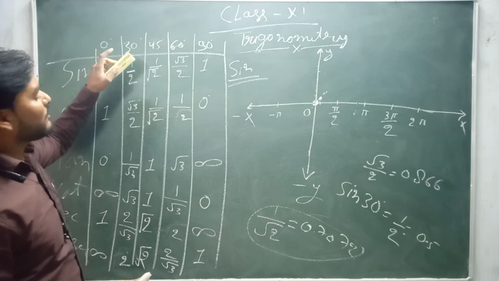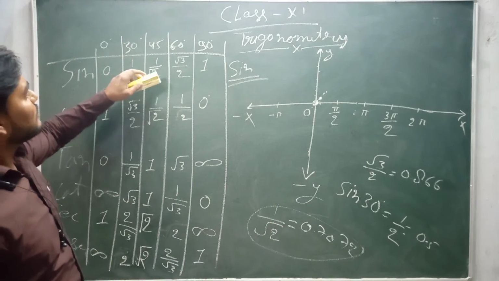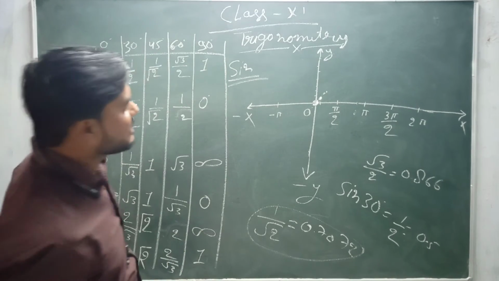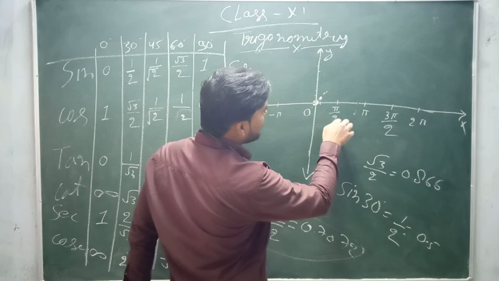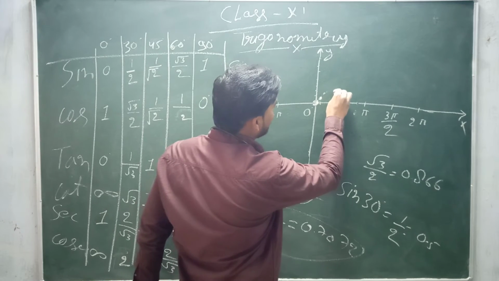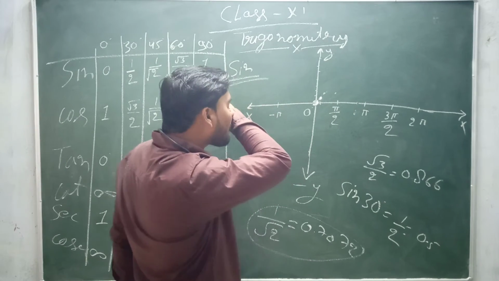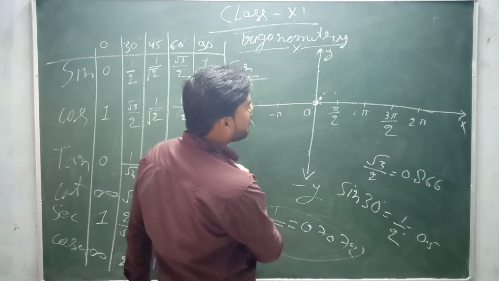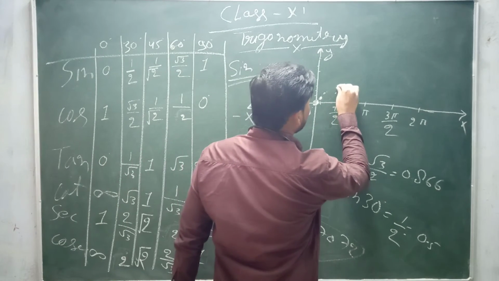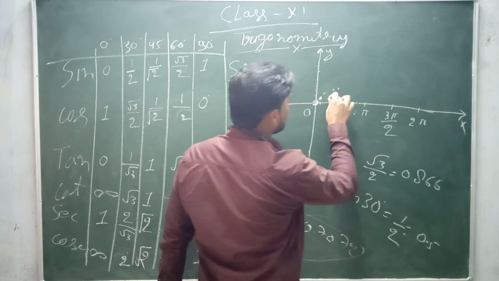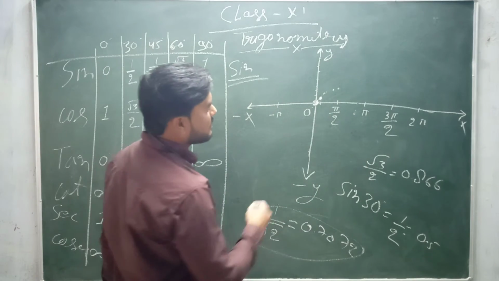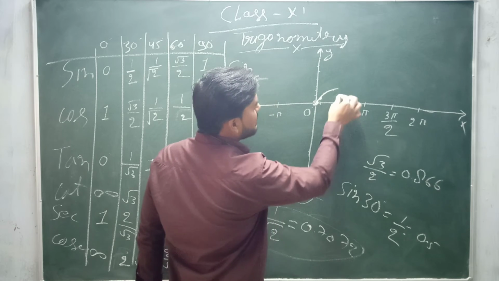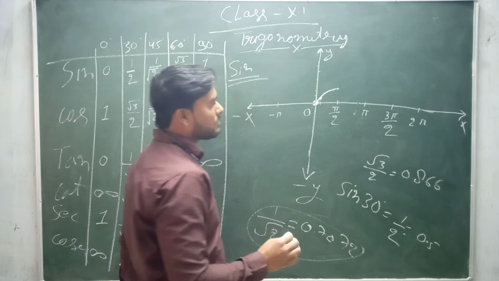It is 45, and now 60 values. Now sin 90, equal to pi by 2, is 1, and 1 will be here. So it will go like this up to pi by 2.